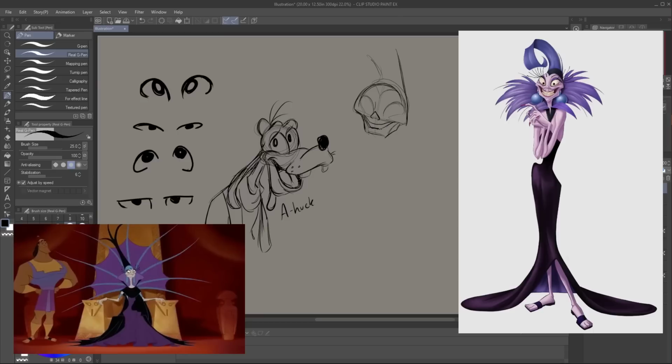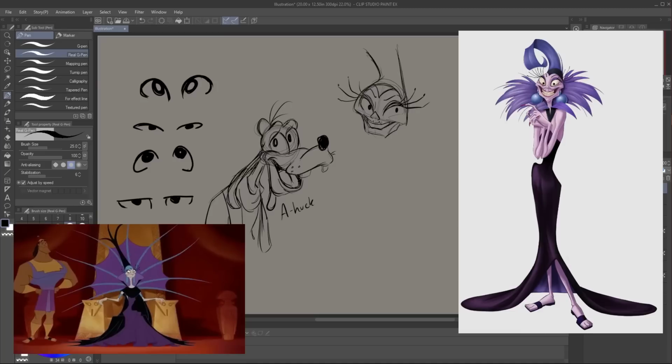Obviously, Yzma's shape language is giving us a lot of long, thin triangles and skeleton imagery. Spindly, just skin and bones. Her wrinkles, baggy eyes, and saggy deflated boobs tell us that she is an old lady.